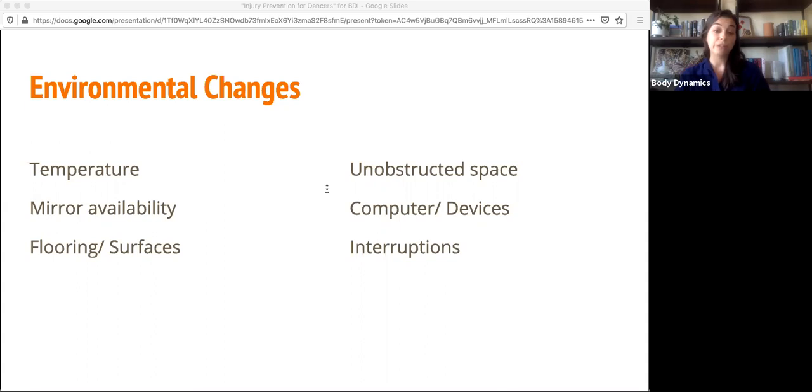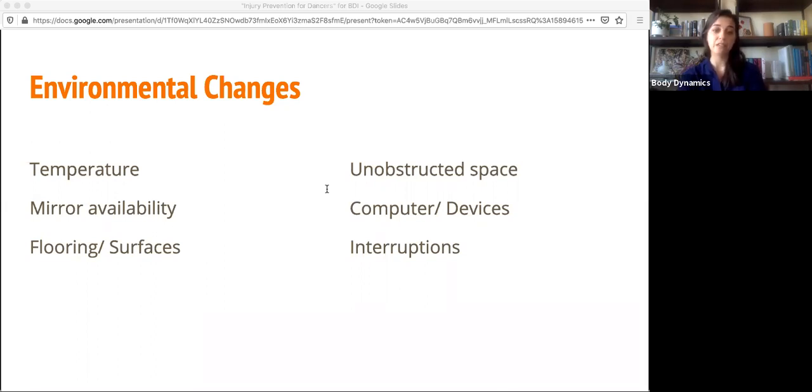Your computer or whatever you're streaming your class on, that's another factor that's new to dance. So now you have to deal with the lag if you've got a slower connection, or you have to adjust your camera angles. Because of that, you've lost hands-on corrections too, so that's a factor.